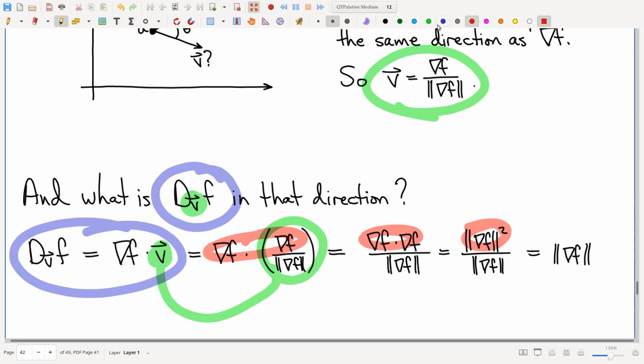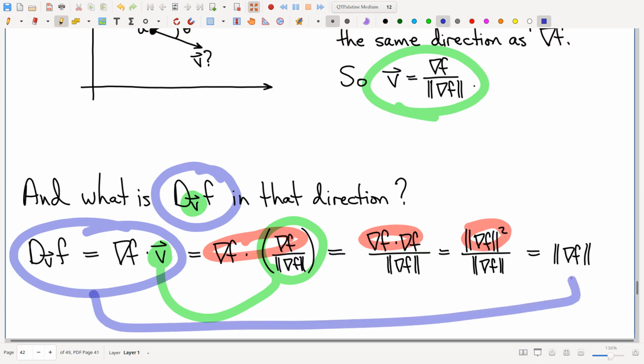And punchline, the magnitude of the gradient. So what's really wild about this little study we've done, we asked, hey, what's the right direction to go? And how fast is the function increasing in that direction? And in both of those questions, the answer is the gradient. The direction of the gradient, the magnitude of the gradient.